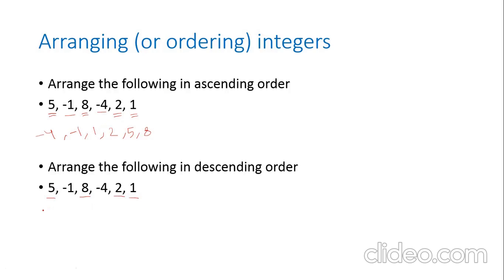So we start with 8, then 5, then 2, then 1. Now we finish the set of positive integers. We start sorting the negative integers. We notice that -1 is larger than -4, so we put -1 first. Then we finish with -4.